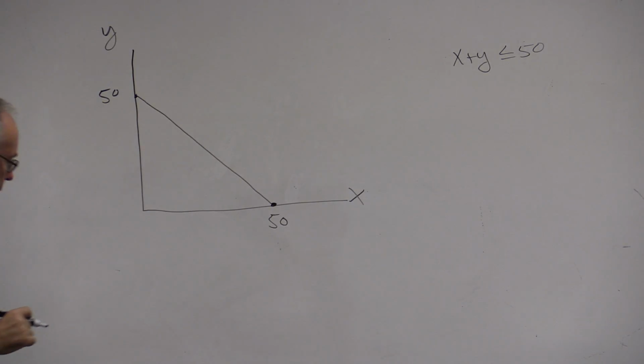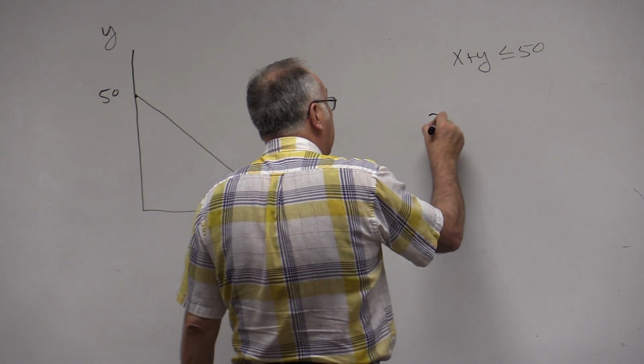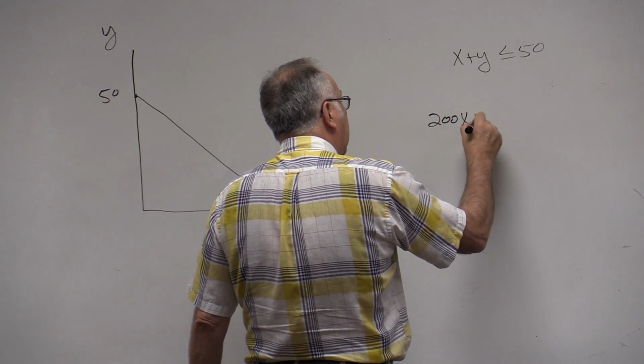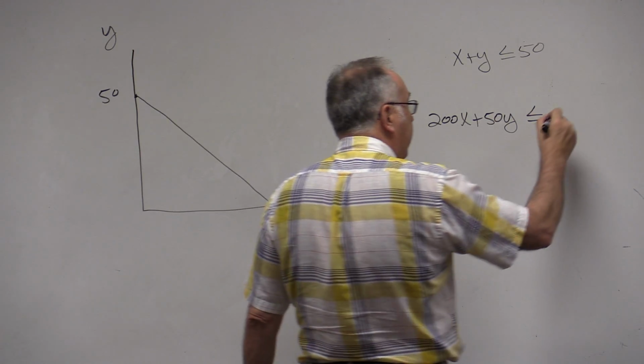I don't have any other colors here today, but that's all right. The calorie constraint would just be this one: 200x plus 50y is less than or equal to 4,000.